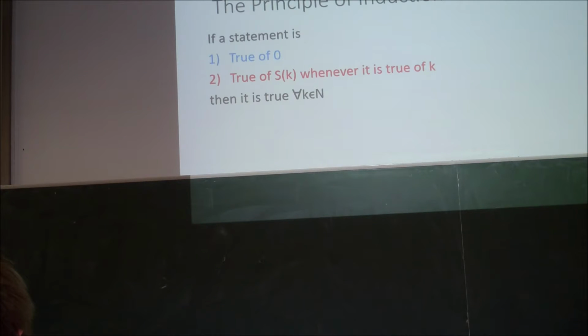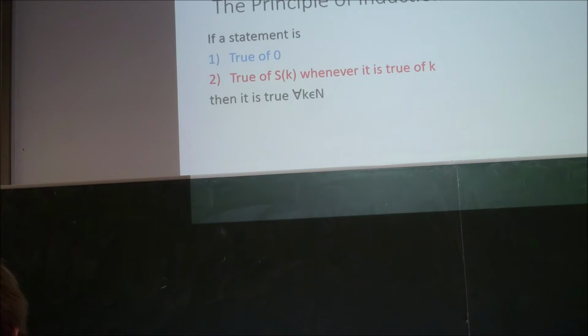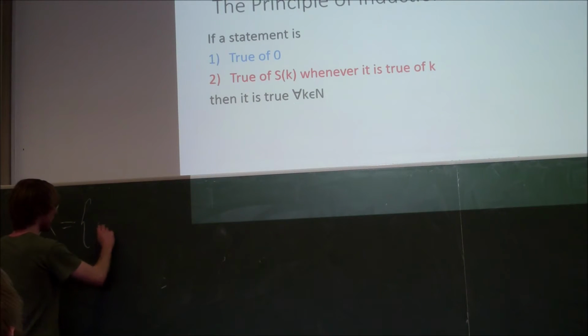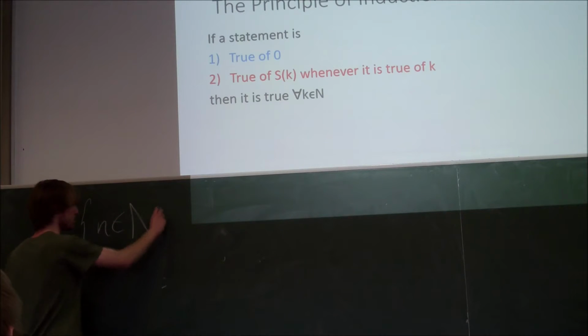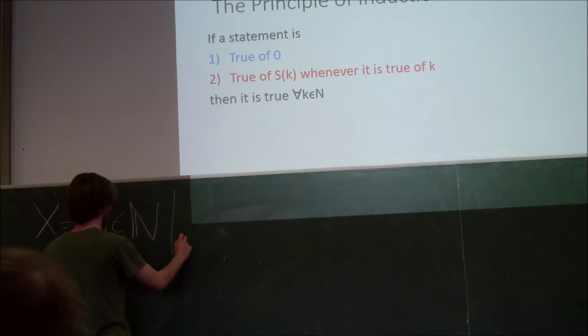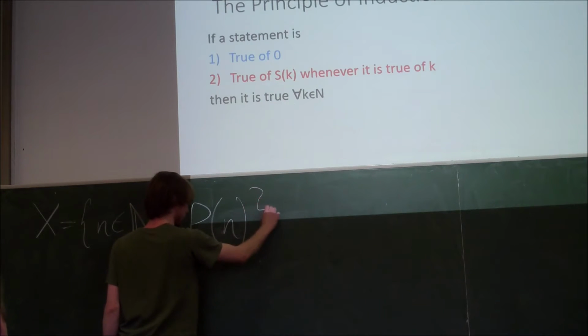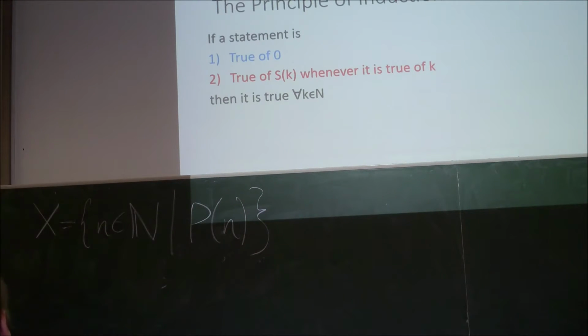Okay. So the principle of induction says that if a statement is true of 0, and true of k plus 1 whenever it's true of k, then it's true for all of the natural numbers. So if we want to prove this, we let x be the set of n in the natural numbers such that, let's write p of n as shorthand for this statement is true of n.